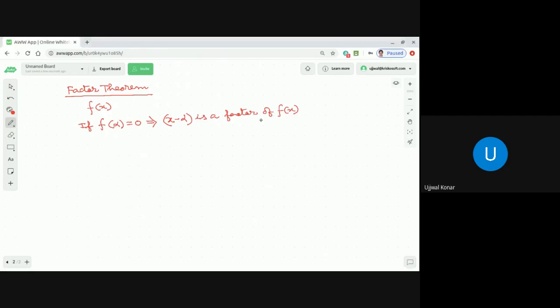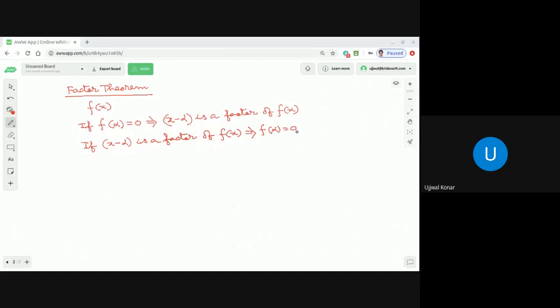And the other way, the converse, is that if x minus alpha is a factor of f(x), that implies f of alpha is equal to 0.